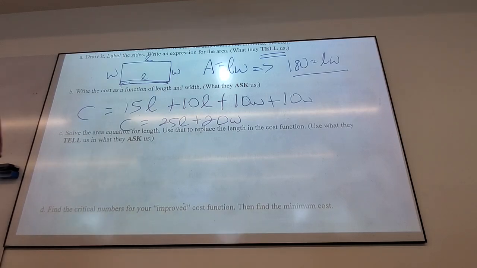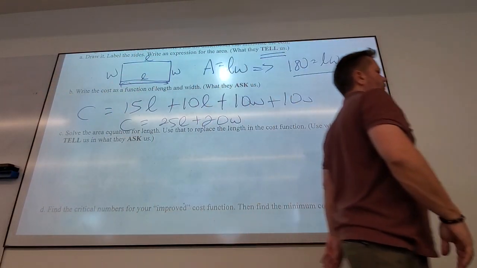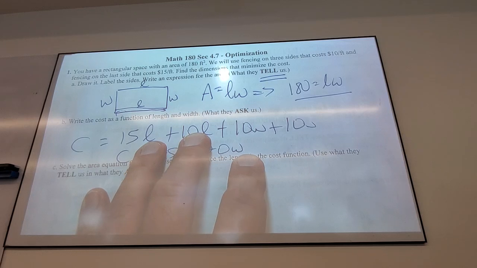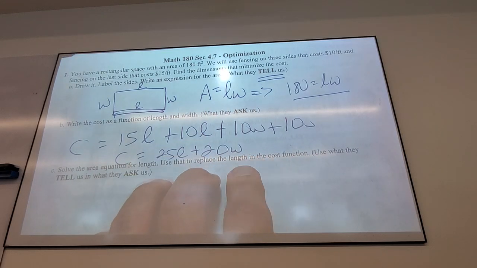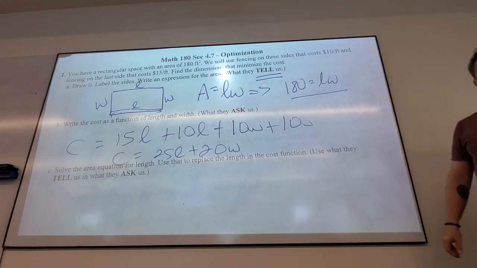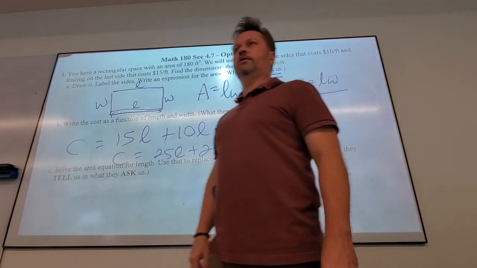Are we allowed to put that equation into the other one? Like the units of 180 equals LW, right? The 180 is in feet squared. But if you divide 180 by W, you lose a foot, yes? Yeah. There you go. So the units worked out.